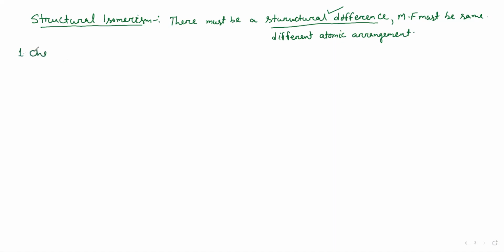First one is chain isomerism. This is the simplest one, but there is no formula to calculate how many chain isomers there will be. You have to do it yourself by taking all the possible structures.